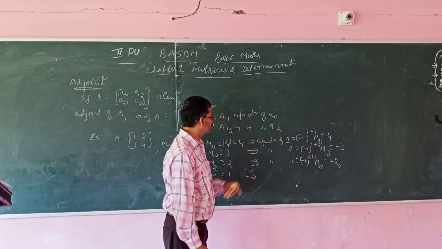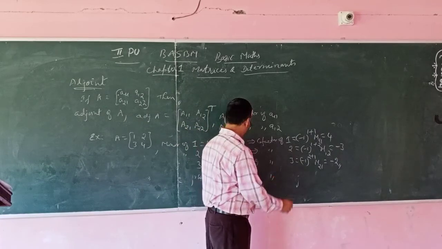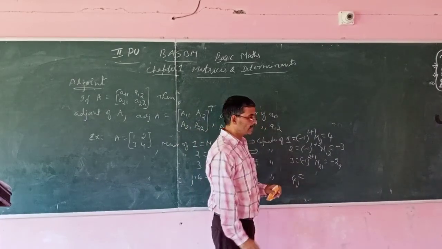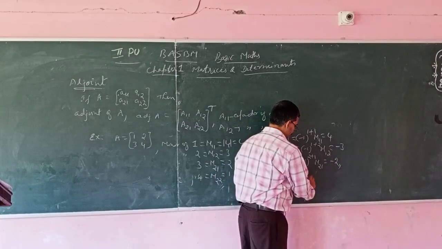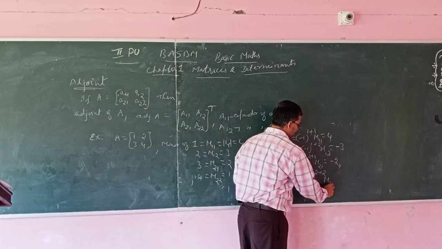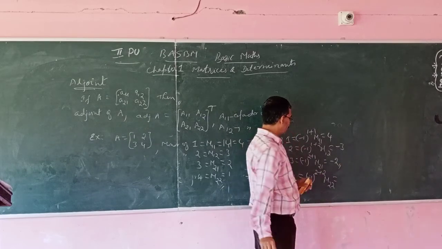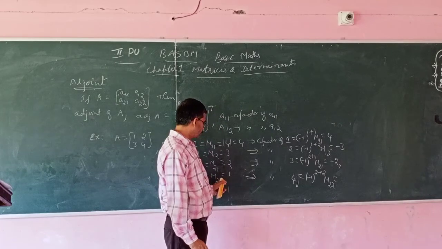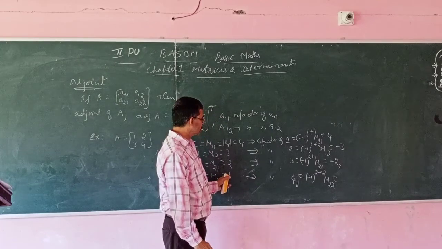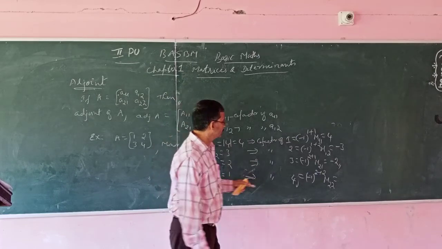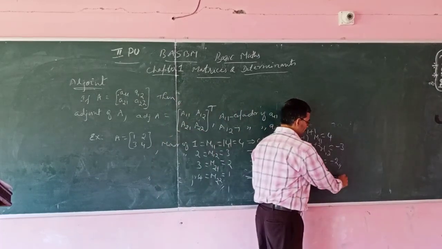So the cofactor of 4 equals minus 1 to the power 2 plus 2 times M22. That is minus 1 to the power 4, so it is plus 1 only. So this is also 1.